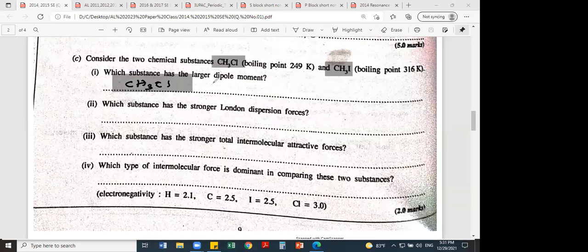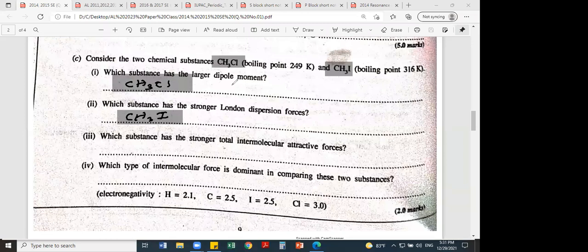Why CH3I? Iodine has a larger electron cloud than chlorine. Write the reason why the London dispersion force is greater in CH3I: because iodine is larger than chlorine. When the molecule becomes larger, the London dispersion forces also become stronger. CH3I will be the answer.